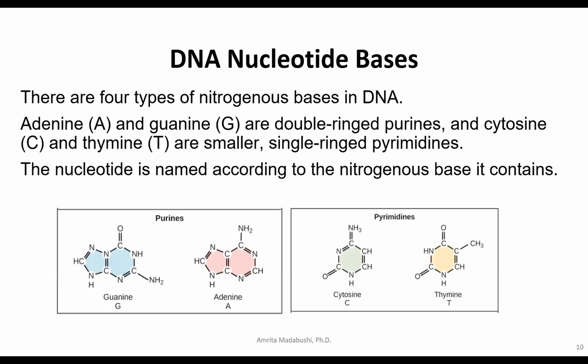Okay, so there are purines and pyrimidines. And like I said, the way I personally remember pyrimidines is by noting that pyrimidine has a Y, cytosine has a Y, thymine has a Y. So everything that has a Y is a pyrimidine. Whereas in the case of purines, that's not really true. These don't have a Y, and this doesn't have a Y either.